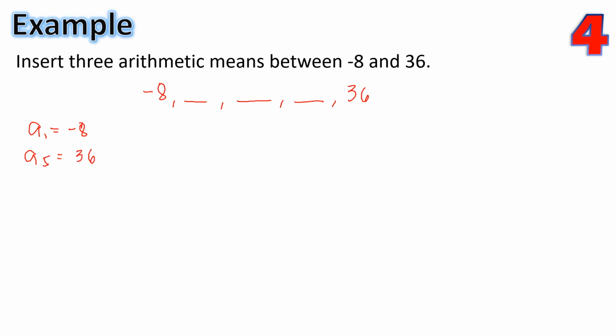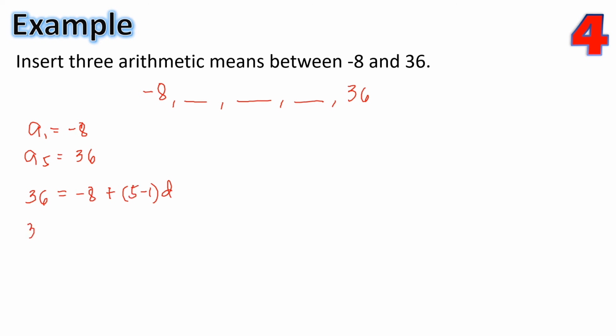Getting the common difference of this arithmetic sequence, we'll use a sub 5 equals 36, and the equation will be a sub 5, that's 36, equal to a sub 1, that's negative 8, plus n minus 1 times d. And since n is equal to 5, then we'll have 5 minus 1.